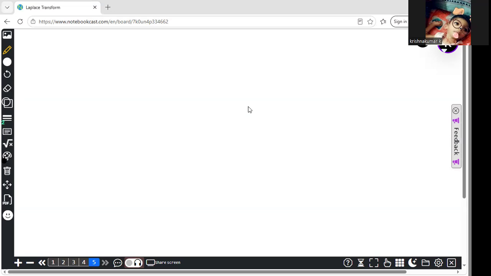Already we know the definition of the Laplace transform and all its notations. Once again, I want to recall the notation and the definition, and then we will discuss the initial and final value theorems.